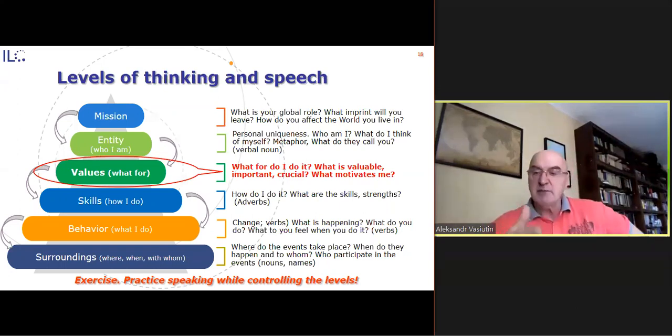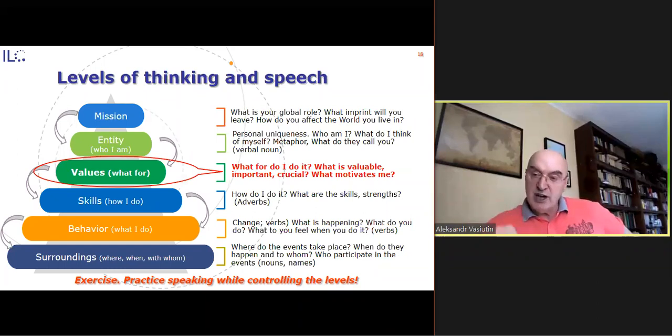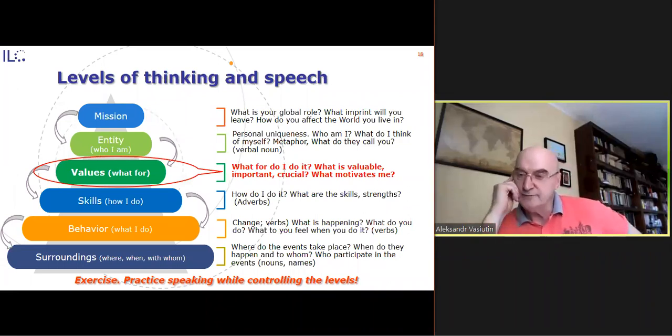And this way you are to practice these levels and you will feel the power and the strength of the language that can easily inspire people and talk to them in a more efficient, effective way. And it's great to travel along the levels. You go to the upper level and then go to the lower level.